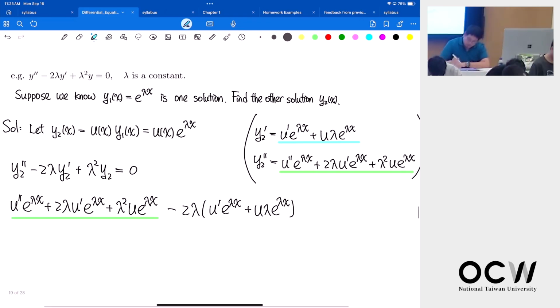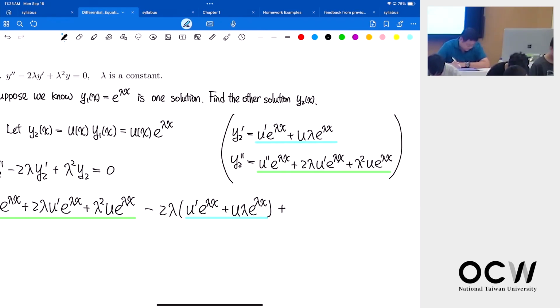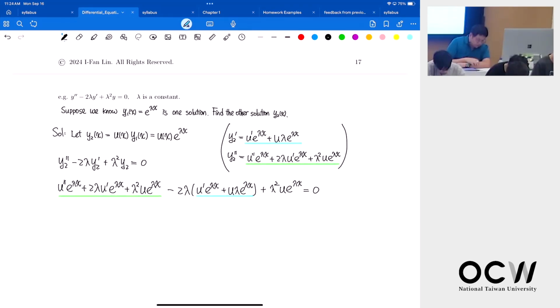This is the blue one, y2 prime. Plus lambda squared u e to the lambda x. Okay.